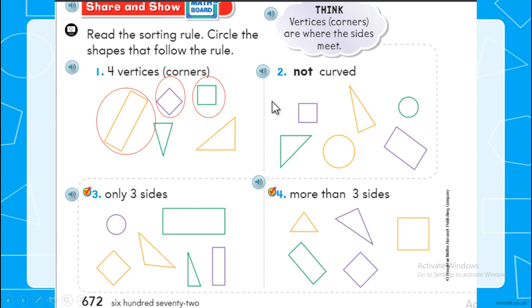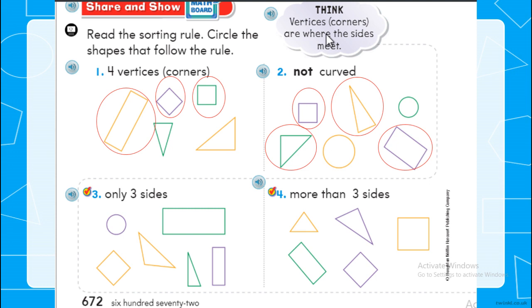In question number 2, what is our rule? The rule says not curved. So I want to circle the shapes that have straight sides, not curved. So like the triangle, the square, another triangle, and a rectangle. But the circles are curved, so I'm not going to circle them.